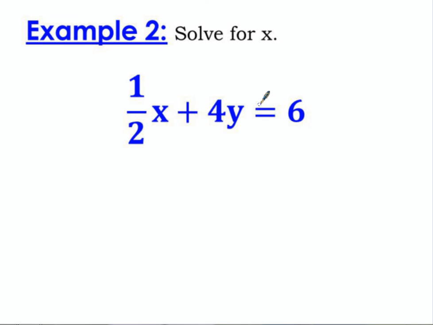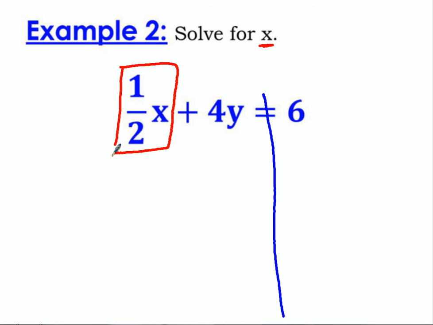So let's look at example 2. This one wants me to solve for x. So I'm going to draw my line down the side, and I'm going to box the x this time because it wants me to get x by itself. My first step would be to move this 4y to the other side of the equation to get it away from my 1/2 x.